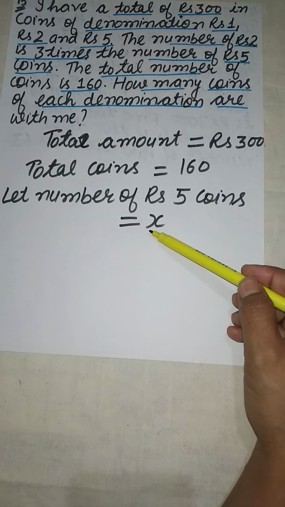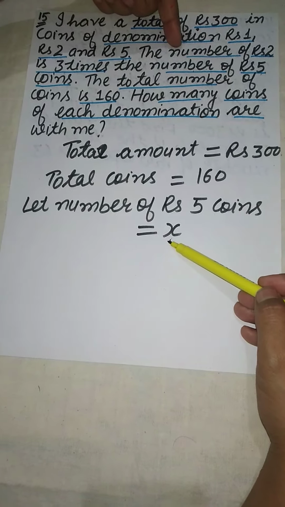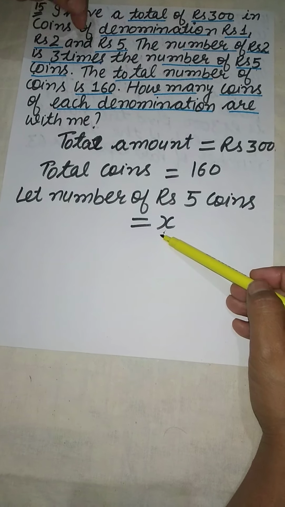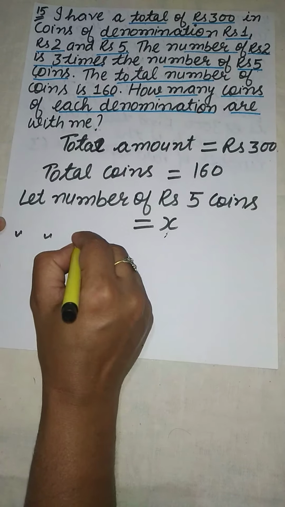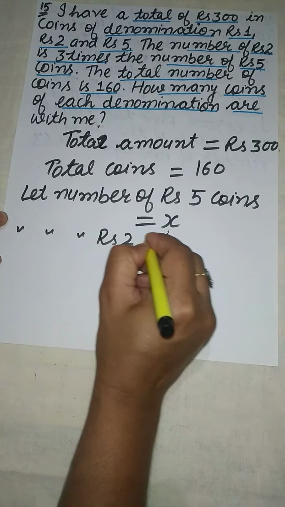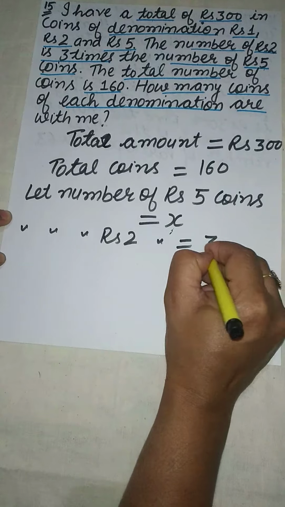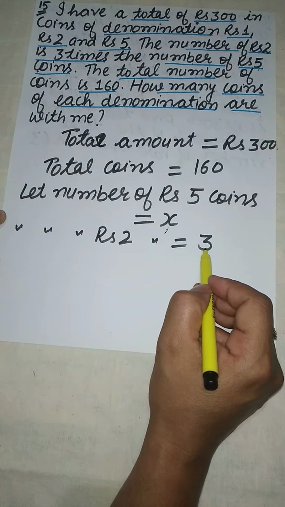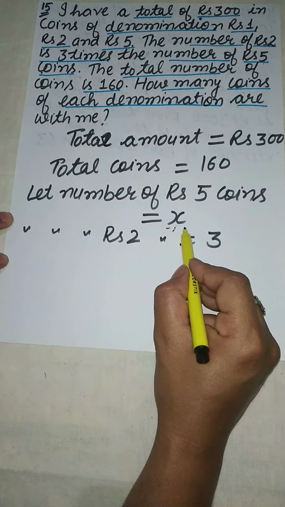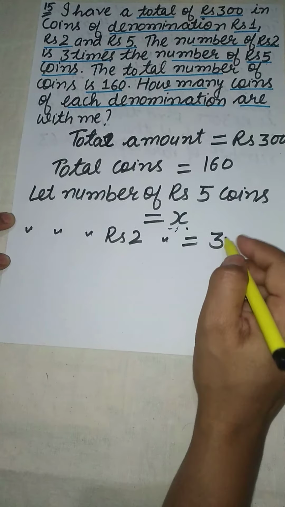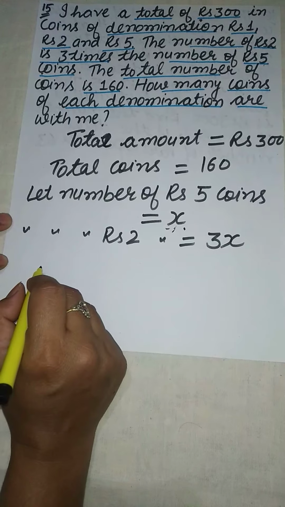Rupees 5 coins are x. So the number of rupees 2 coins will be 3x. 3 times means 3 multiplied by the number of coins of 5, that is 3x.